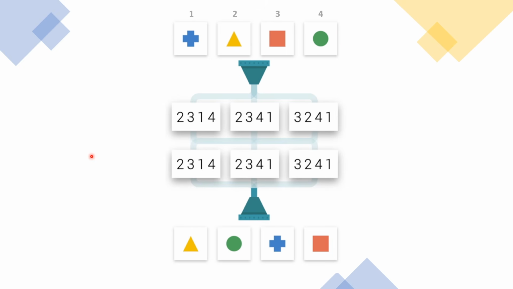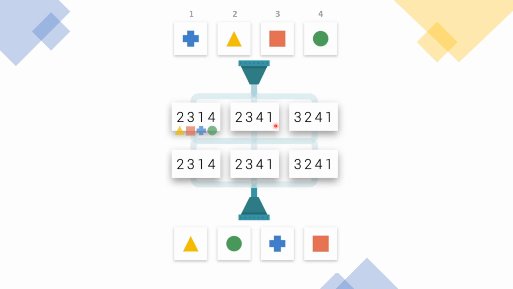Like we did last time, we look at number 2 and we go to the top, and this is our number 2, and so we put that in. It was the triangle. Number 3 is the square. Number 1, which is what you have over here, is the cross, and then finally 4 is the circle.